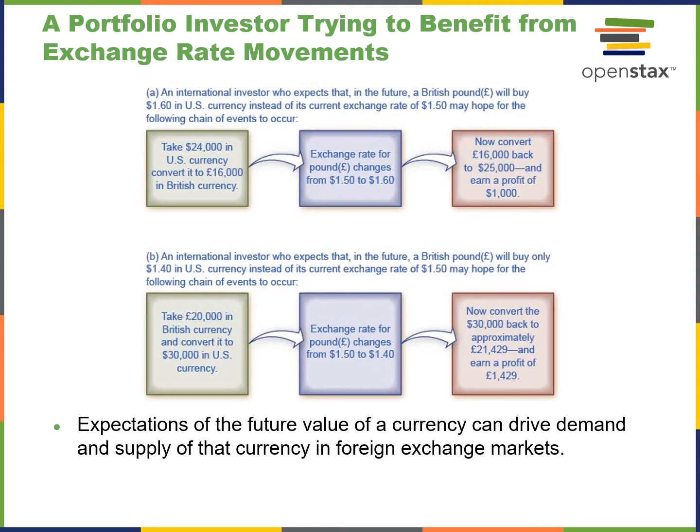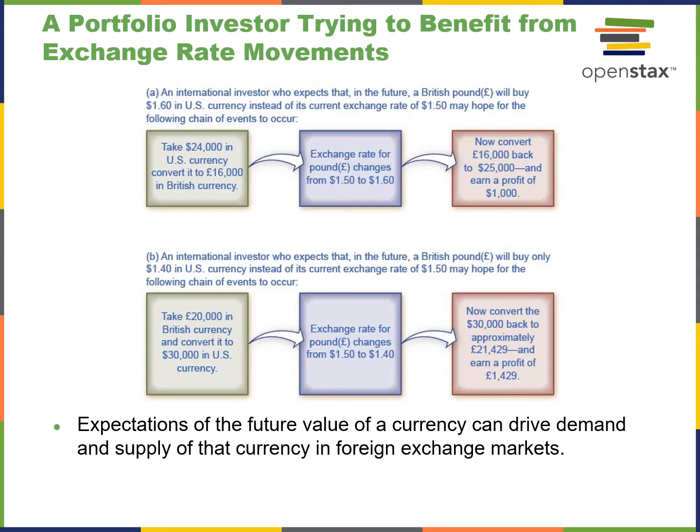It's more like about $1.25 right now. Instead of its current rate of $1.50, they may hope for following events to change it. So they'll buy the English pound, wait for the exchange rate to change into positive territory, and cash out and earn a profit.